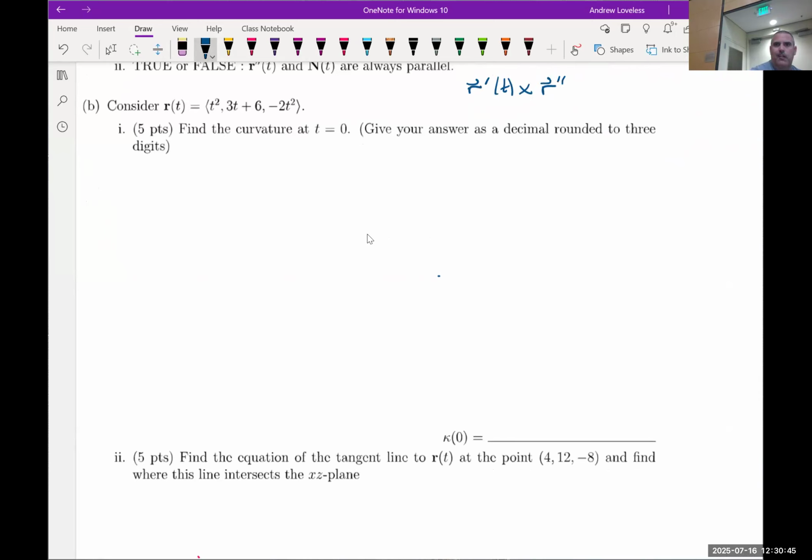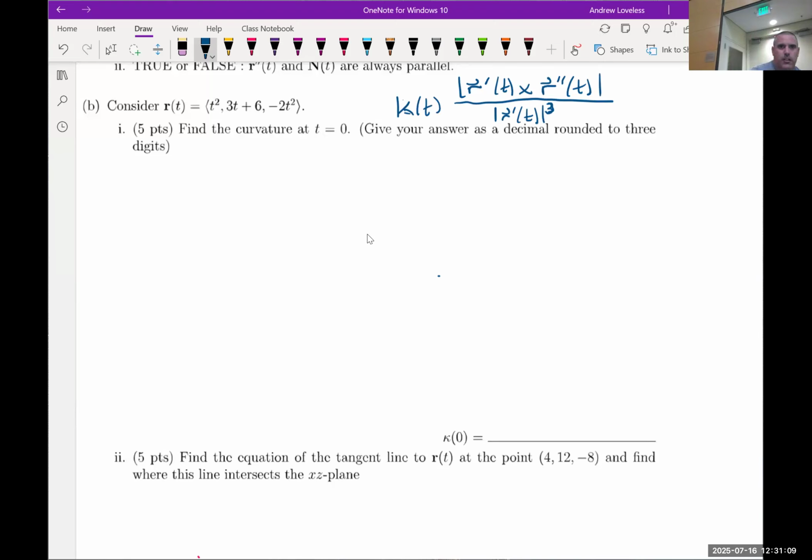There's a practical way to make our work a little easier, so I'll talk about that. Ultimately it's asking us to compute this thing. So we're going to have to do a cross product, and we're going to have to find a length. But before we do any of that, we need to find the derivatives.